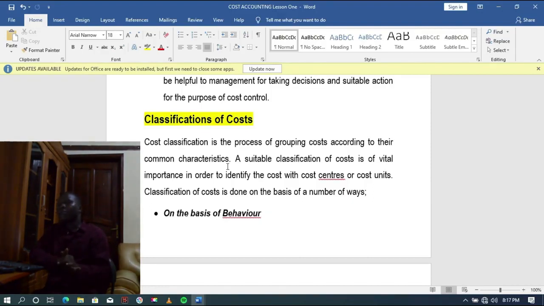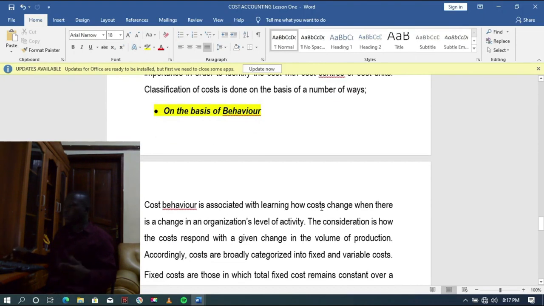So we have major ways of classifying costs, and we shall look at them one by one. The first basis of classifying costs is based on their behavior. So we talk about behavior basis.